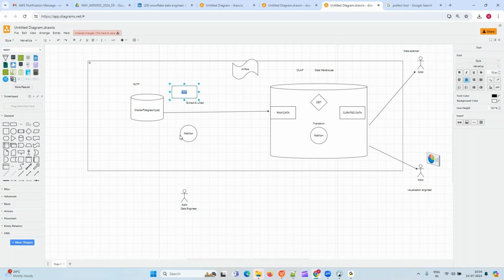Yeah, AWS has one inbuilt service called DMS, which can connect to your source database like Oracle or Postgres and bring the data into your target system. Okay. Actually, there is a famous tool called Fivetran currently in the market, and that also does the same thing.